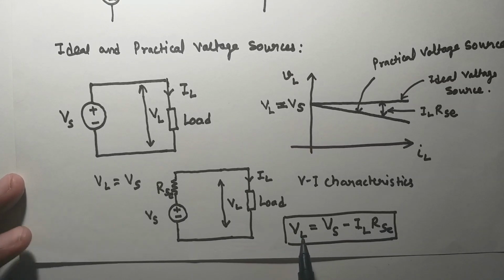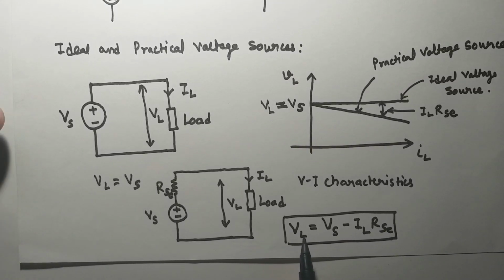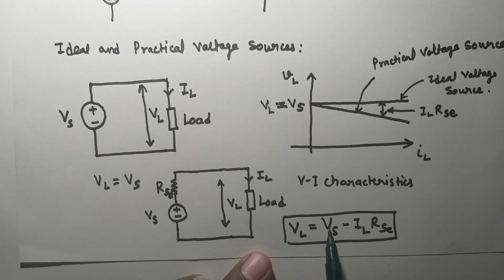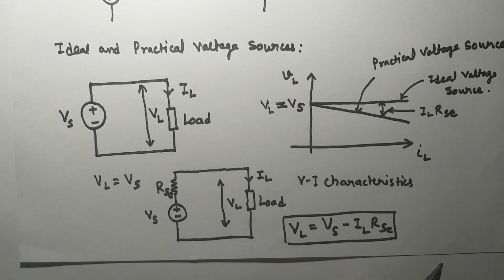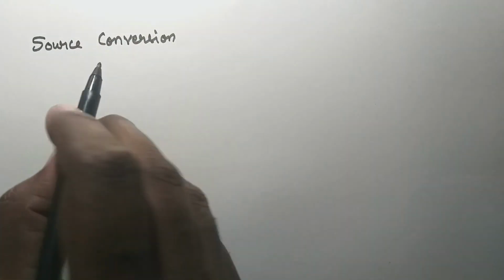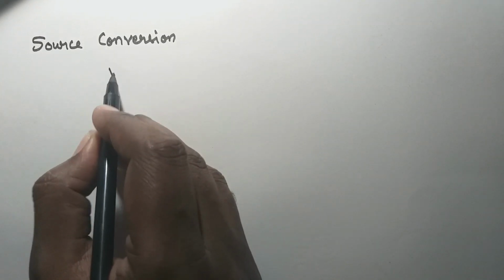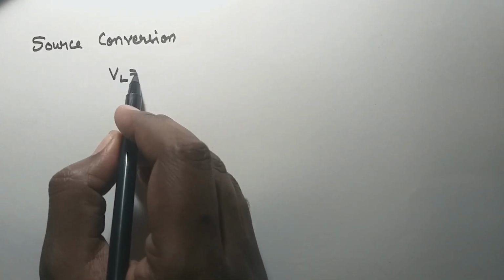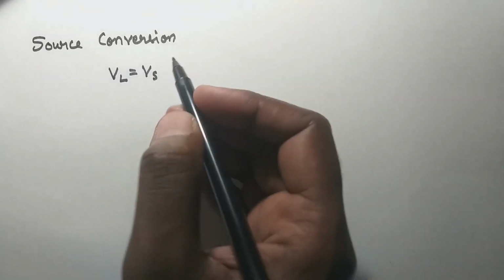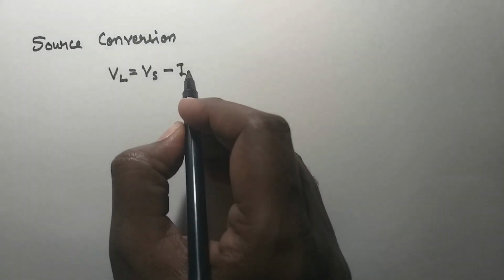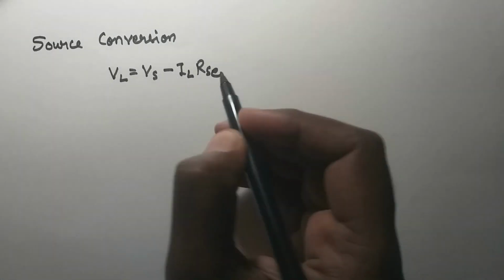And we also found that the characteristic equation for a practical voltage source is VL is equal to Vs minus IL into RSE. So we can write this equation as VL is equal to Vs minus IL into RSE.